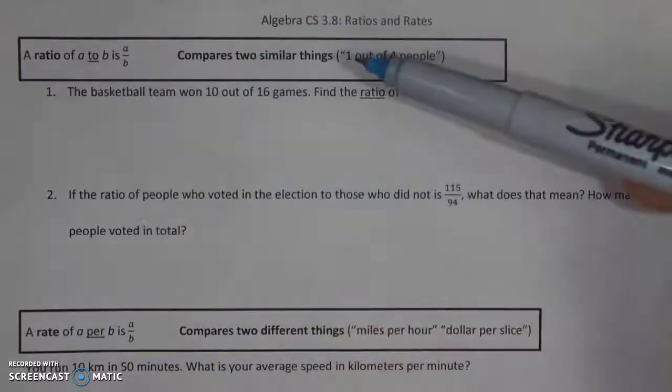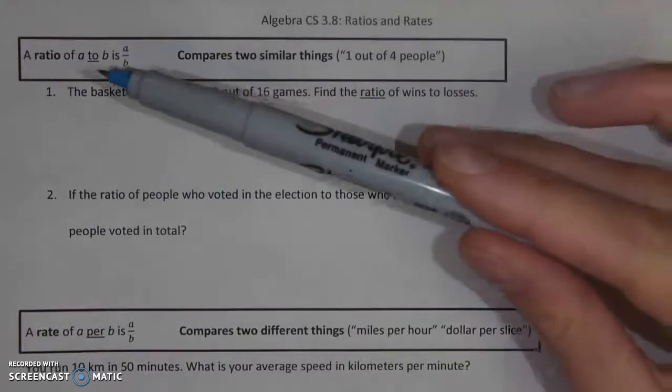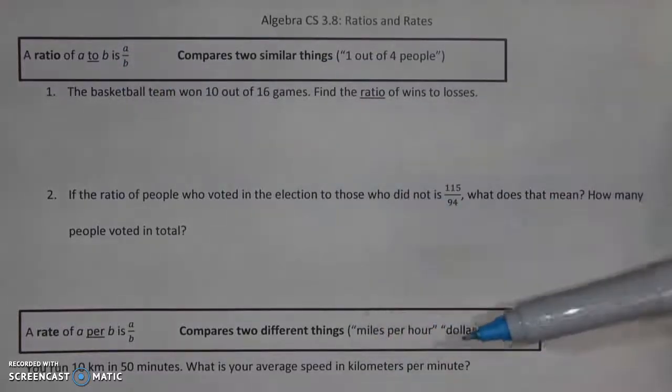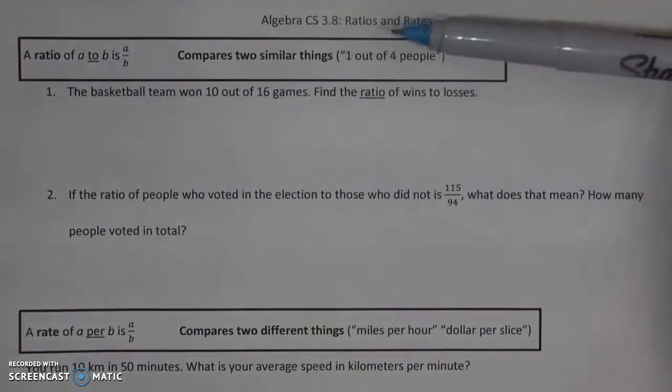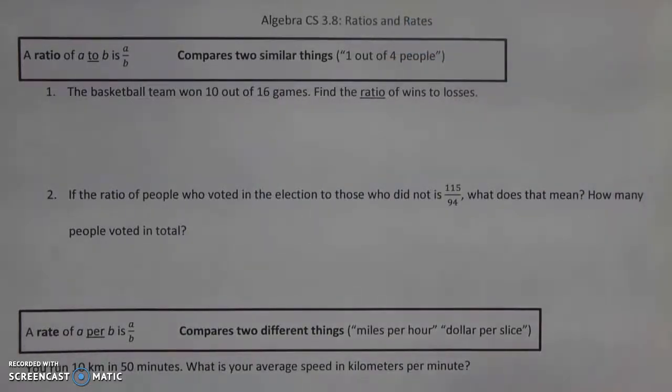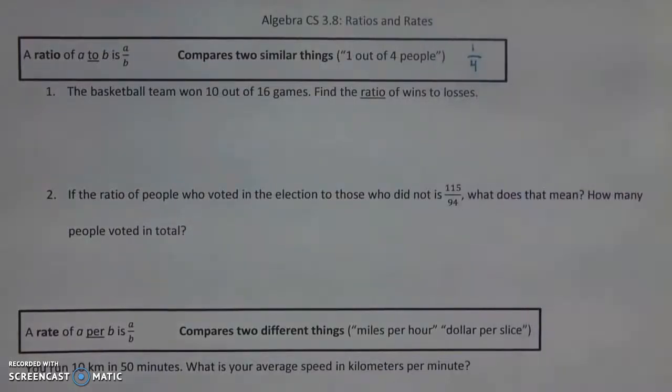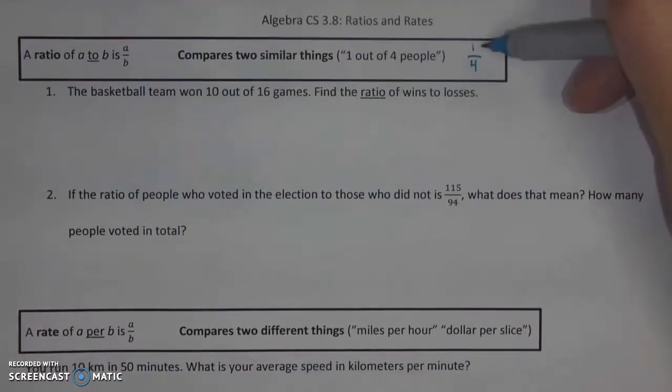A ratio is going to be comparing two similar things. So A over B will both be numbers that refer to the same sort of object. So for instance, you could say 1 out of 4 people, and that would be 1/4 of people, right? And since 1 is talking about a person and 4 is talking about people, those are comparing the same things.